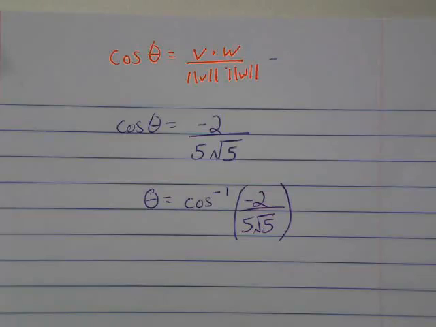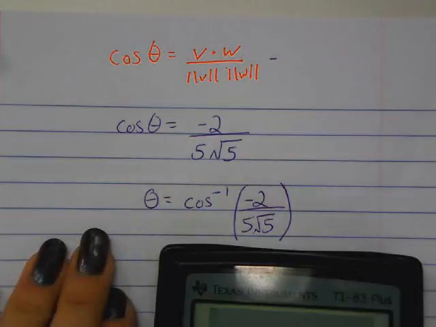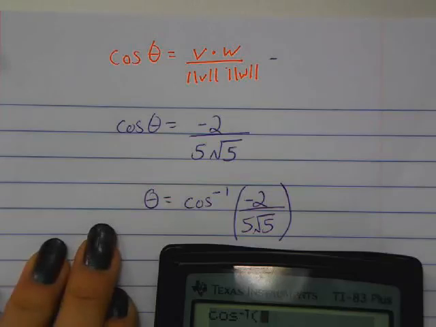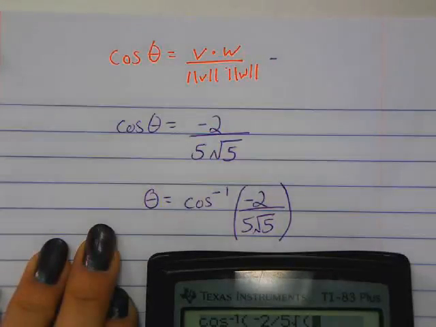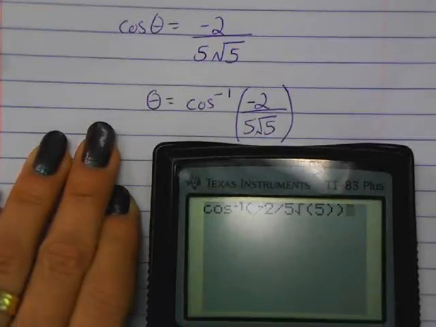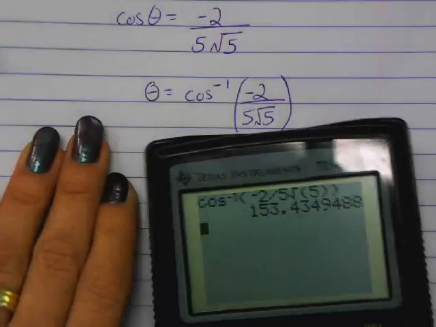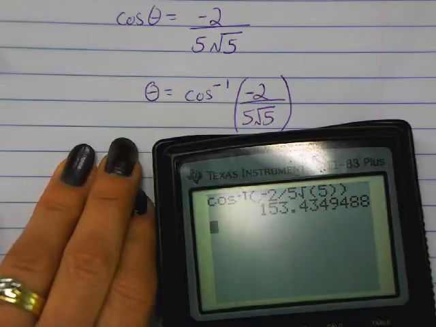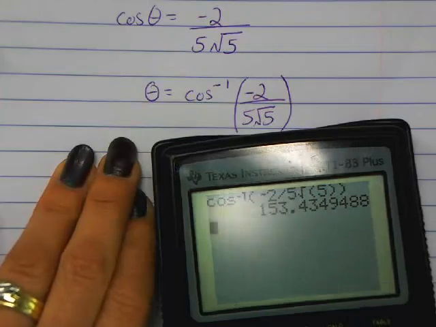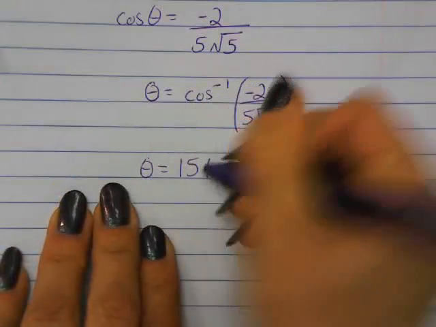Okay, so I went ahead and hit second cosine, negative 2 divided by 5 square root of 5, and I get that my angle is 153. Is that what it wanted me to round to? Round to the nearest tenth, so 153.4 degrees. So theta is 153.4 degrees.